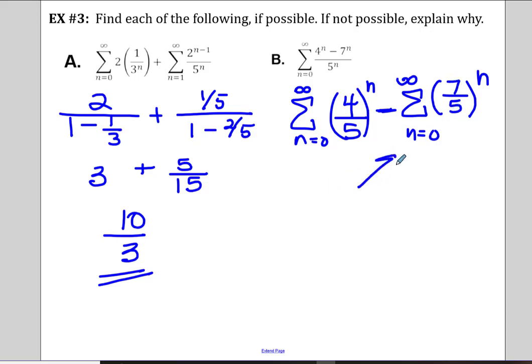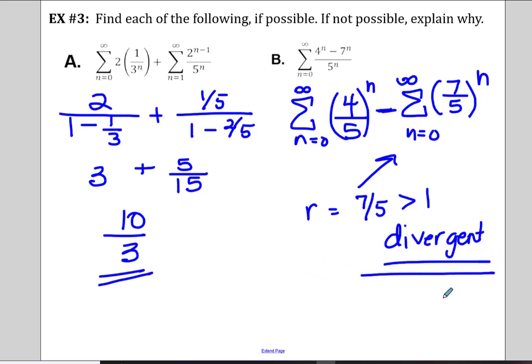And in that piece, when the ratio is 7/5, that's bigger than 1. So this one diverges. And because that one diverges, then we can't have something that converges adding to something that diverges when we put it back together. So this would be a divergent series.